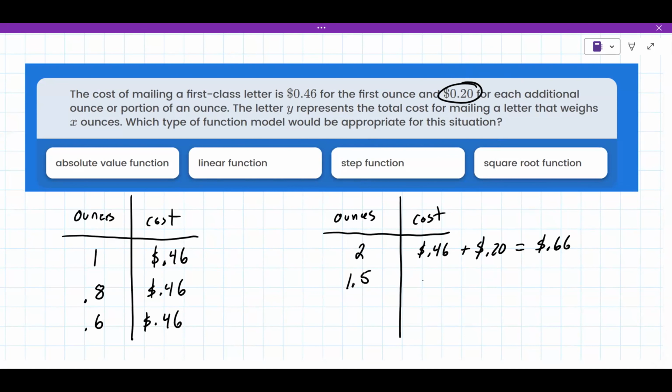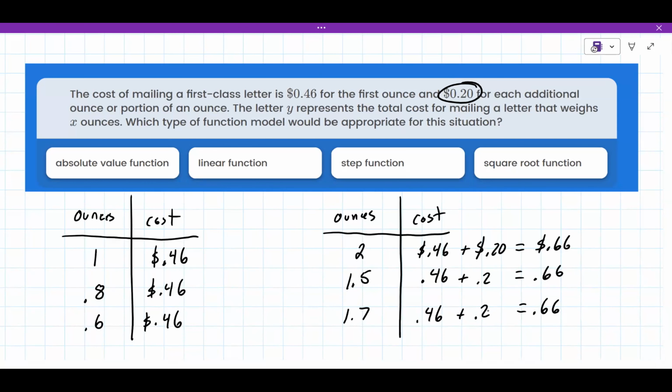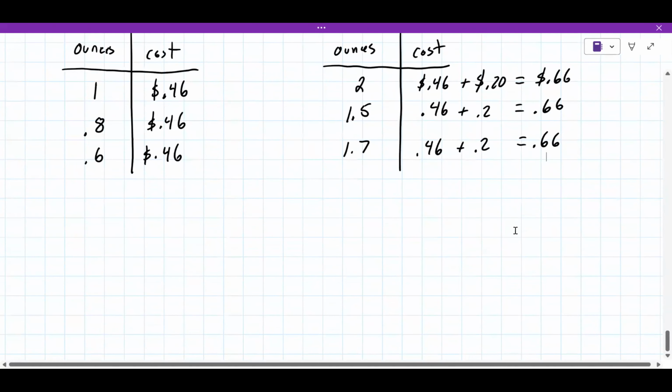So the cost here is 0.46 plus 0.2, which is 0.66. And let's say it's 1.7 ounces. It's still 0.46 plus 0.2. So that first ounce is the 0.46. Anything more than that is this 0.2. I don't expect you to fully understand that, but now we're going to graph it.